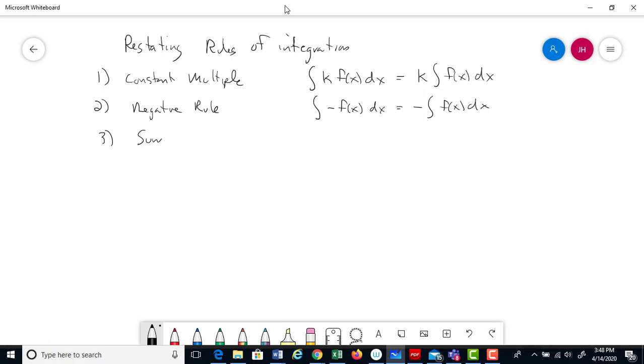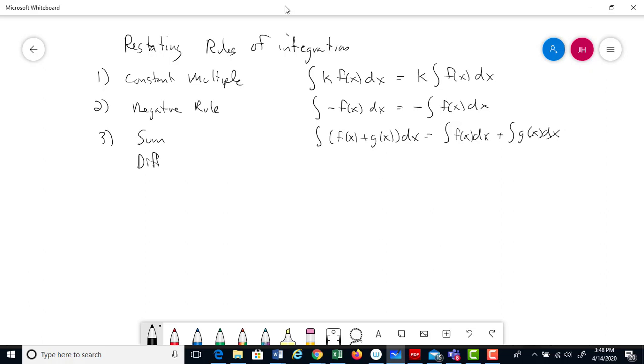The sum rule is the integral of f of x plus g of x dx is equal to the integral of f of x dx plus the integral of g of x dx. So the integral of the sum is the sum of the integrals. The antiderivative of the sum is the sum of the antiderivatives.